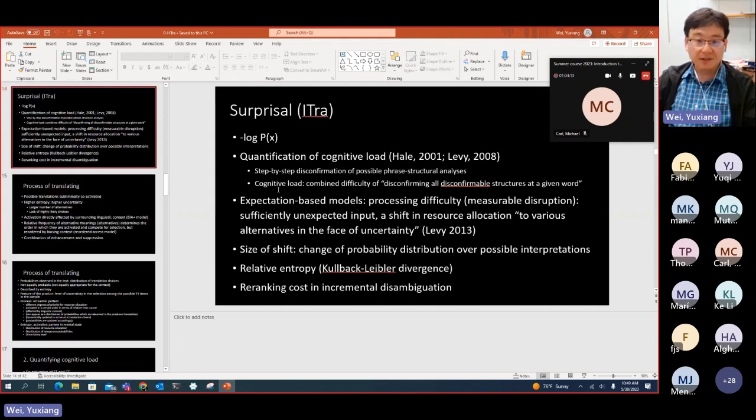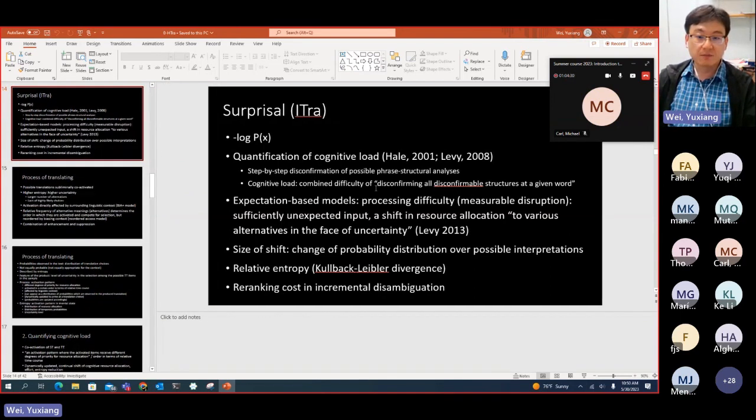But psycholinguistically, it has been considered a very important quantification of cognitive load, especially with respect to structural disambiguation, because from that perspective, sentence comprehension can be considered a step-by-step disconfirmation of all possible phrase structural analyses. And cognitive load refers to the combined difficulty of disconfirming all these disconfirmable structures at a given word.